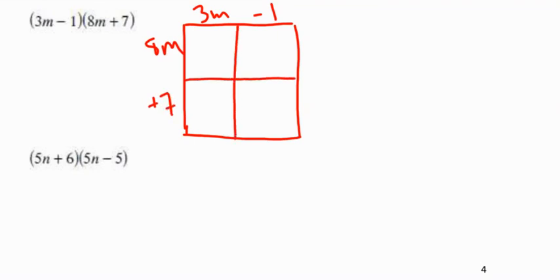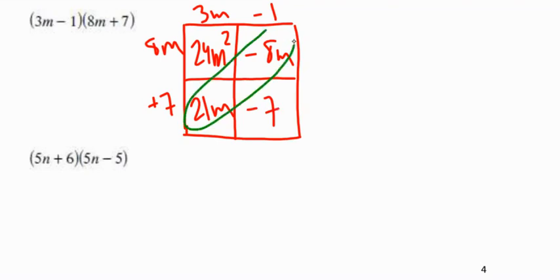My upper left-hand corner, I have 24m squared. Upper right-hand corner, I have 8m times negative 1 is negative 8m. Lower left-hand corner, I have 7 times 3m is 21m. And my lower right-hand corner, I have 7 times negative 1 is a negative 7.